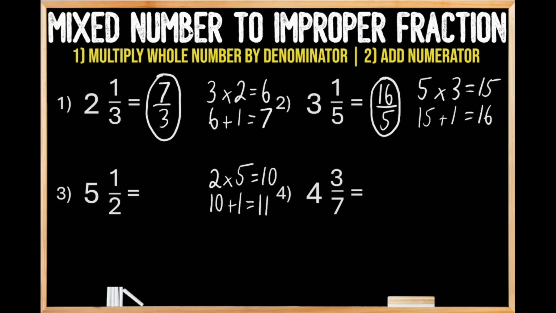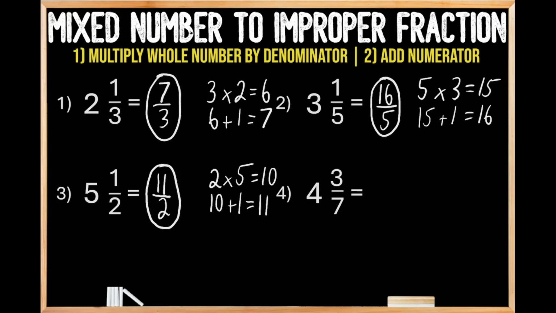So that means that our numerator for our improper fraction is going to have a value of 11. And then our denominator is still in halves. So when we convert the mixed number of 5 and 1/2 to an improper fraction, we get the improper fraction of 11/2.